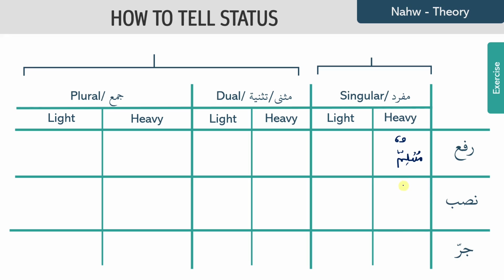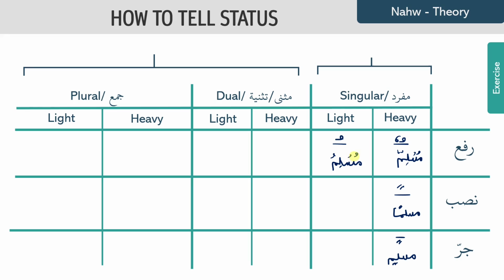For nasab, it's two fathas, and it's going to be Musliman, for example. In halat al-jar, it's going to be two kasras, so muslimin. The light version is one dhamma, so muslimu.